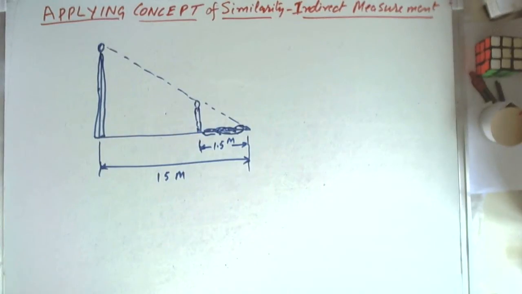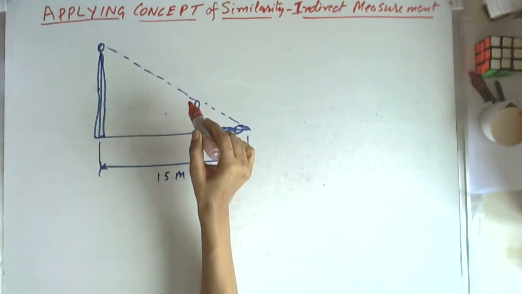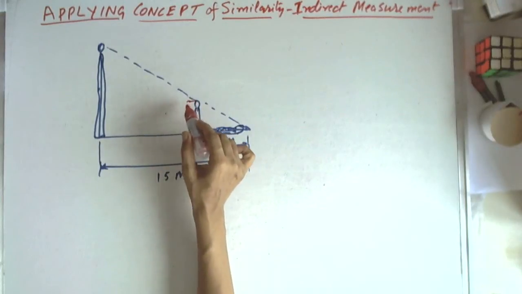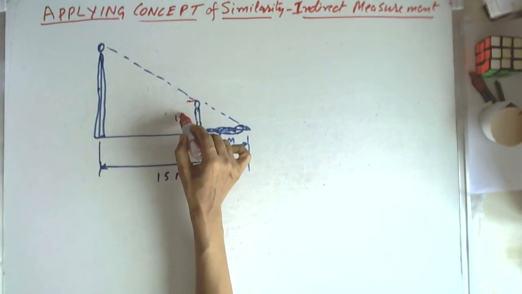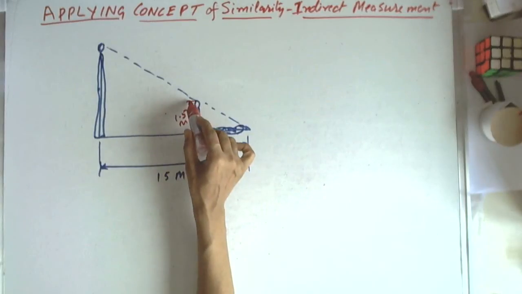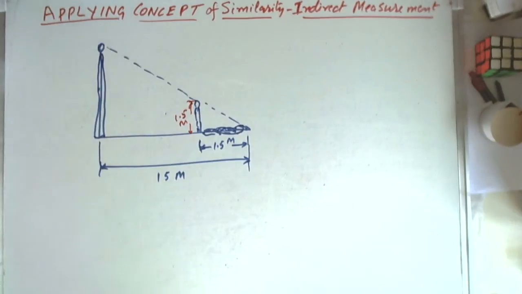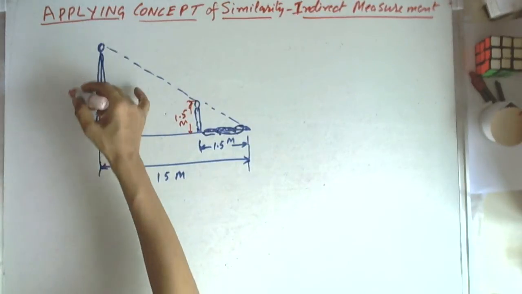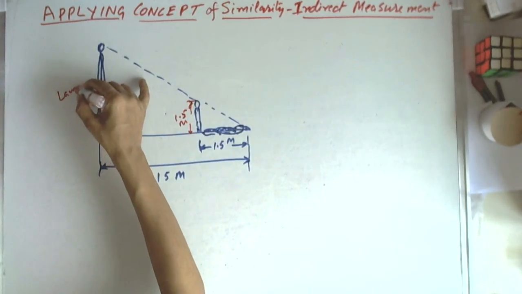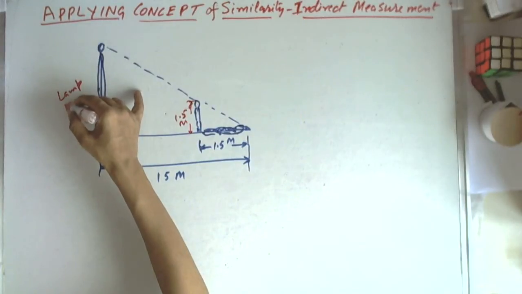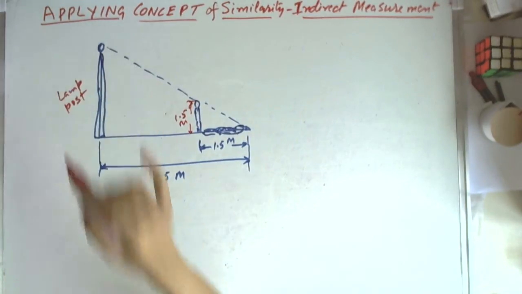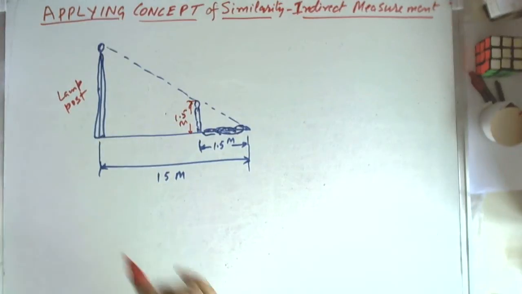Then we also know the height of the boy, and this is also suppose 1.5 meter. Now what happens is that we do not know the height of the lamp post.